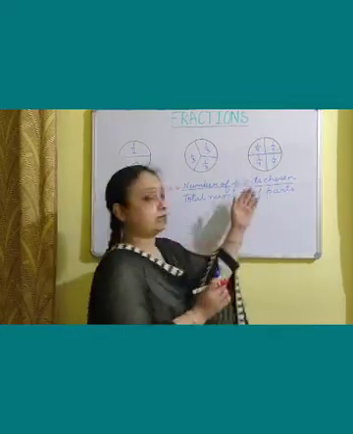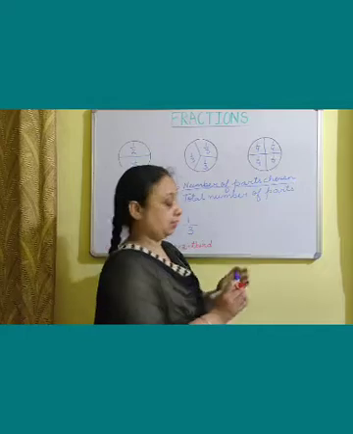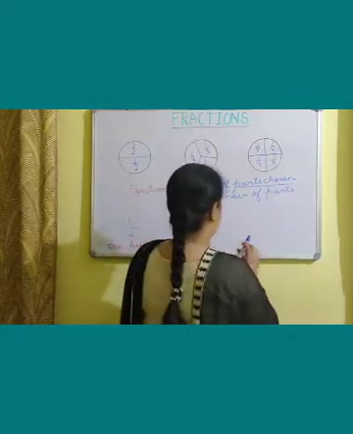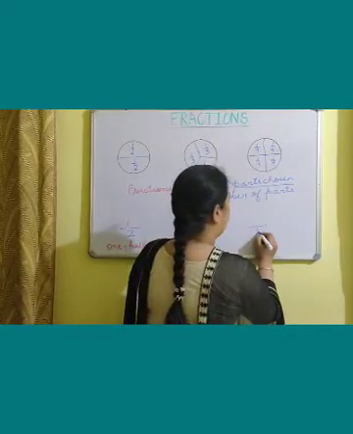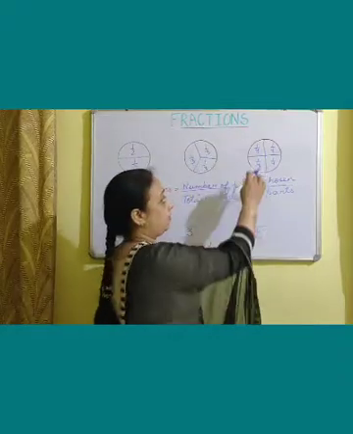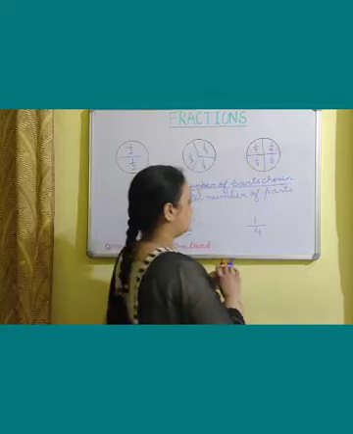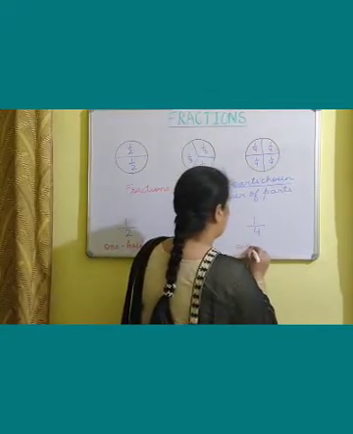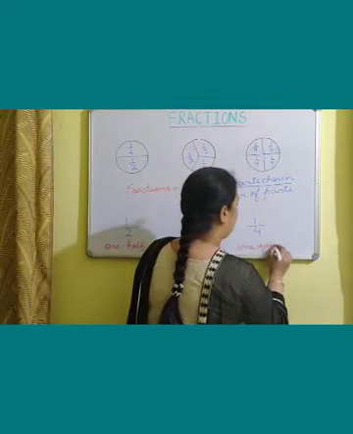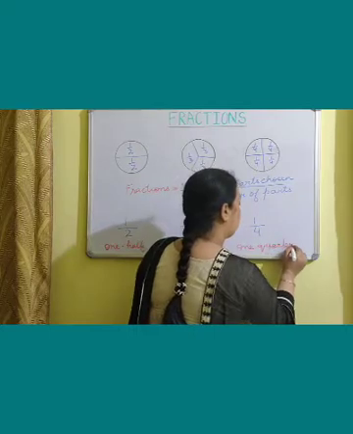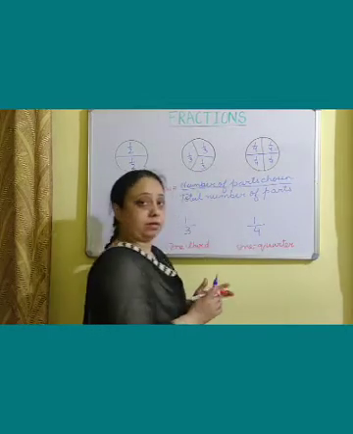Next, we have divided this into 4 equal parts and the total number of parts is 4 and we have chosen one part, so we will write 1 here. And this is also known as 1/4. So 1/4 is read as quarter or one fourth.